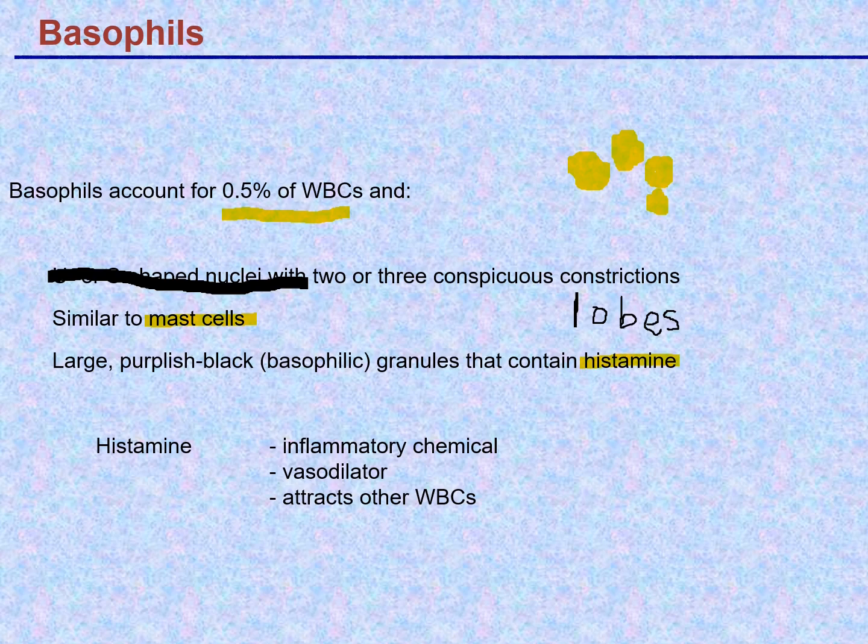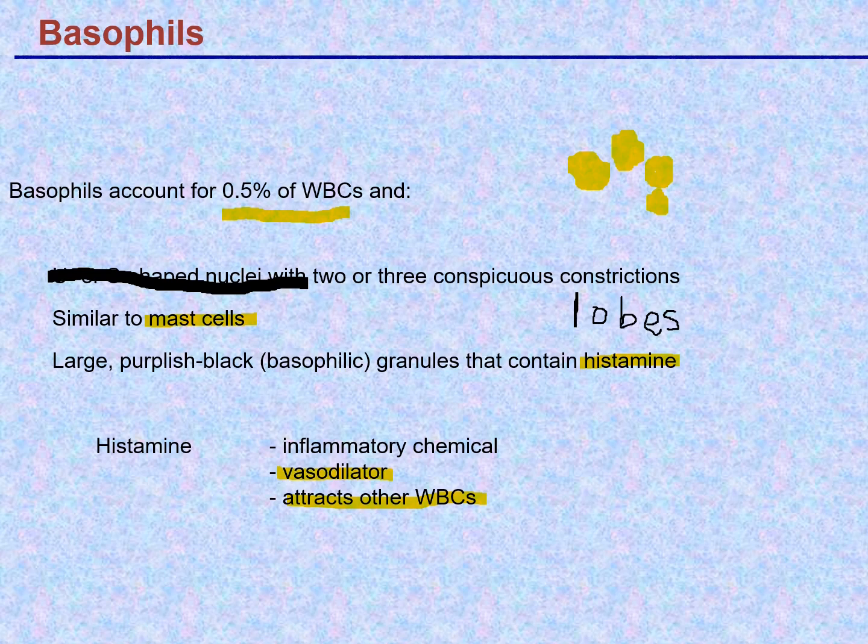Histamine is an inflammatory compound. If the cell degranulates, releases its granules, it will trigger an inflammatory response. It can attract other white blood cells. It acts as a vasodilator, increasing the flow of blood into the area.